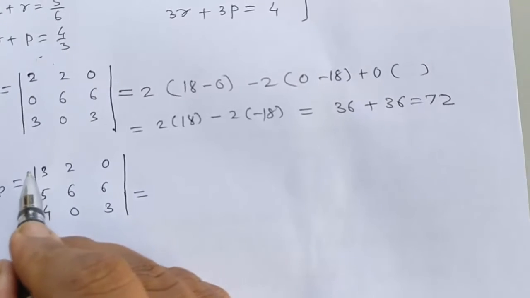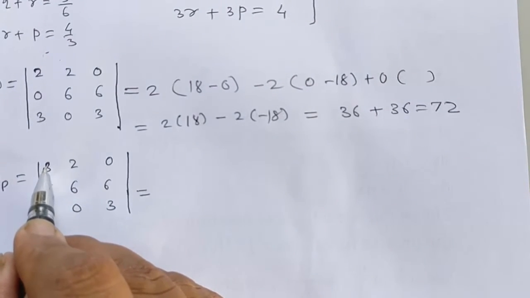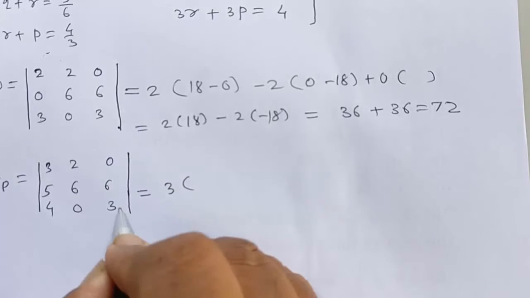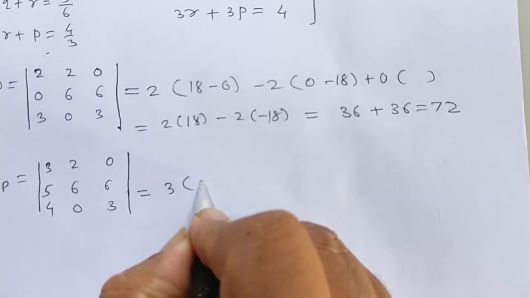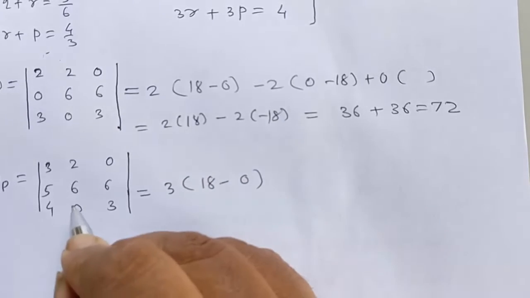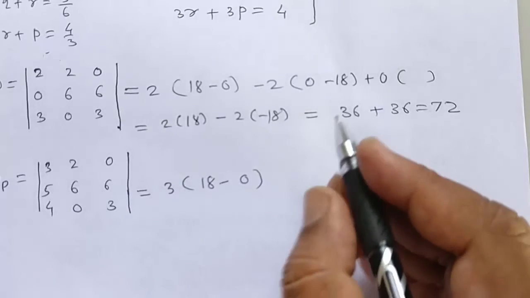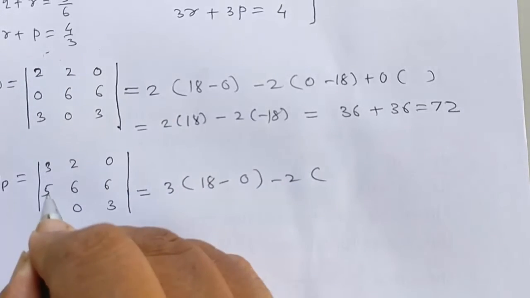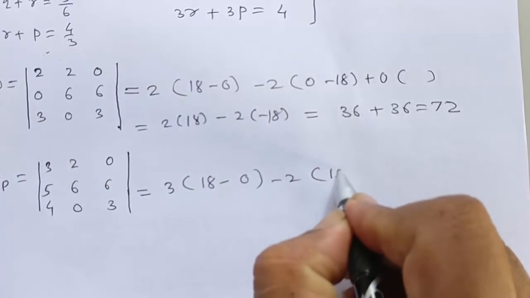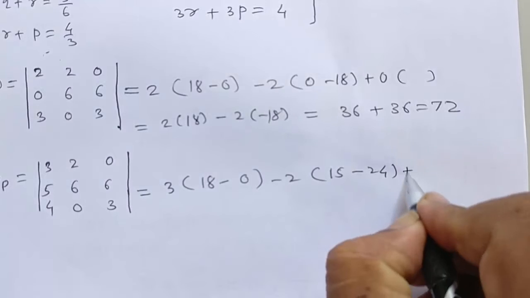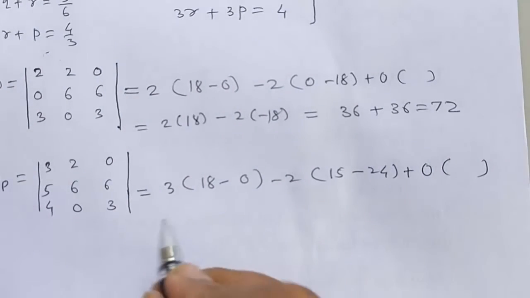Again expanding this determinant with the help of the elements of the first row: 3 into (6 into 3, that is 18, minus 6 into 0, 0), minus 2 into (5 into 3, 15, minus 4 into 6, 24), plus 0 into anything is again 0.